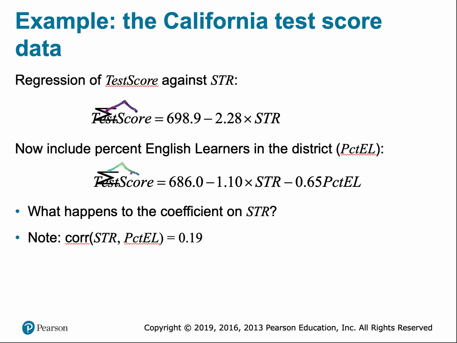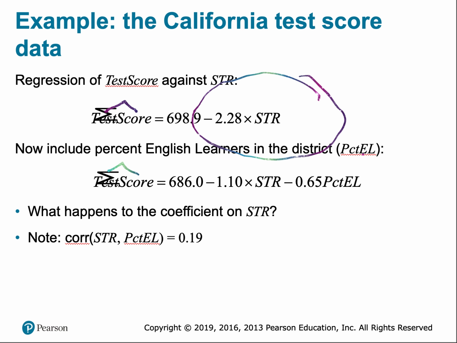And further note that the correlation between the student-to-teacher ratio and the percent of English learners is positive. So what you had is that in the univariate case, this variable was picking up more than just the effect of the student-to-teacher ratio.